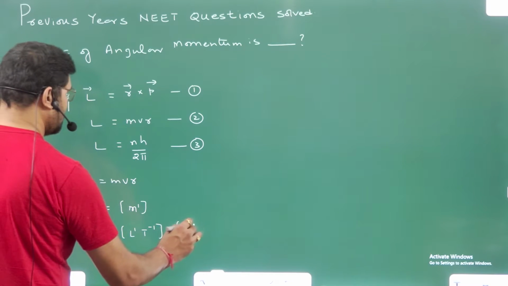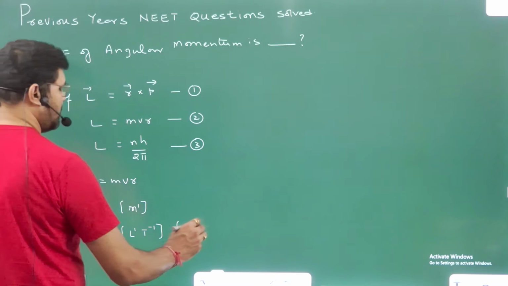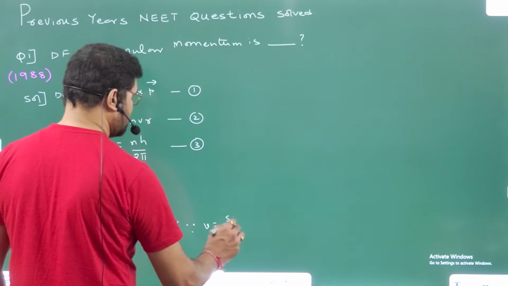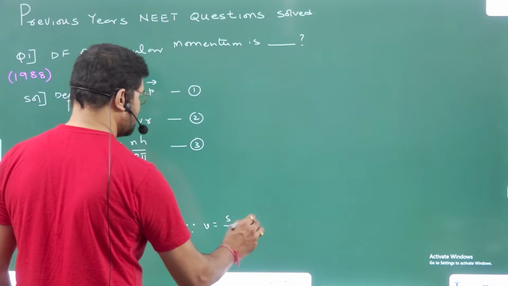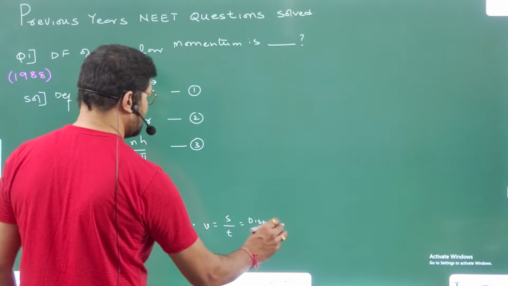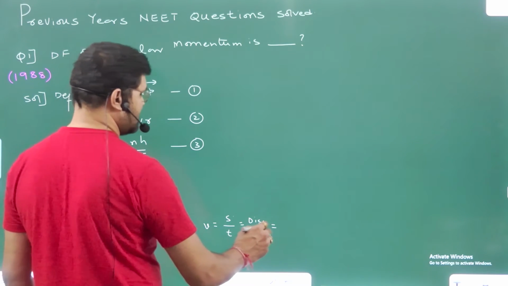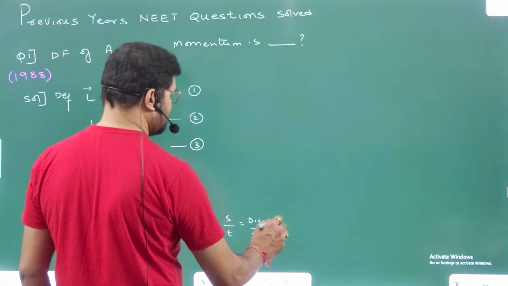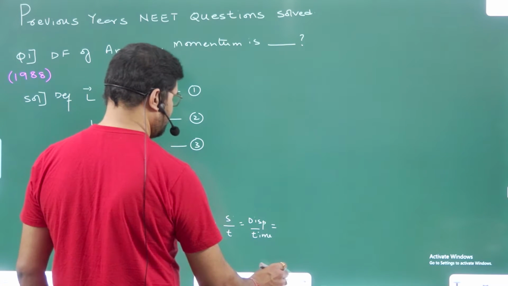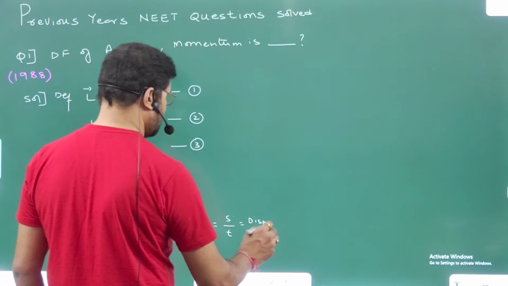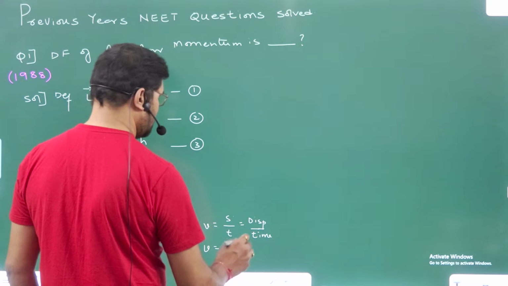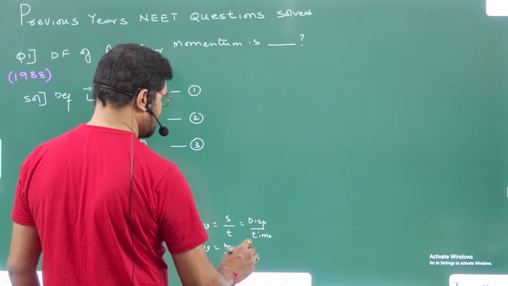If there was any doubt with that velocity dimensional formula, it should be displacement by time. We know displacement notation is s and time is t. So displacement by time, the unit will be meter per second, because displacement is length.